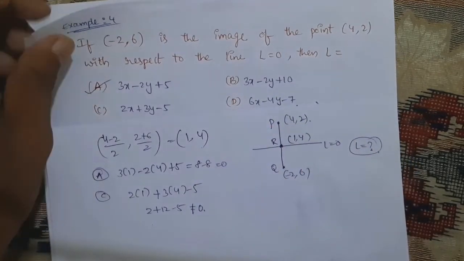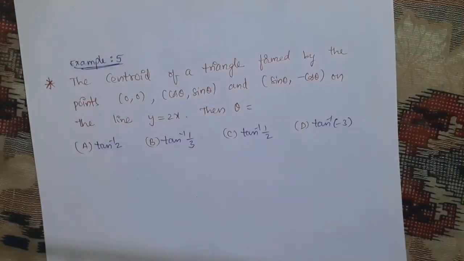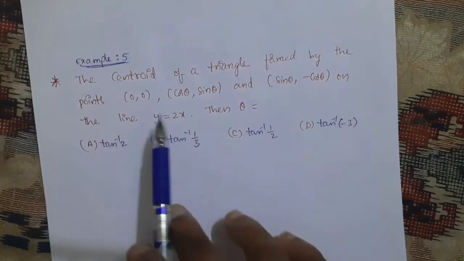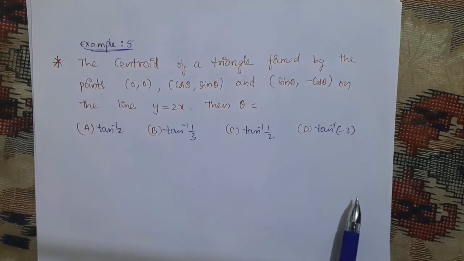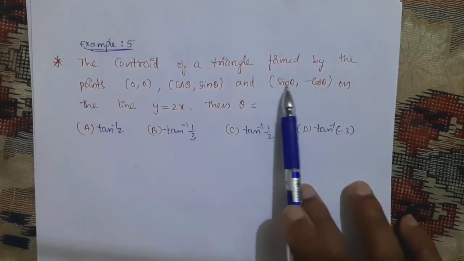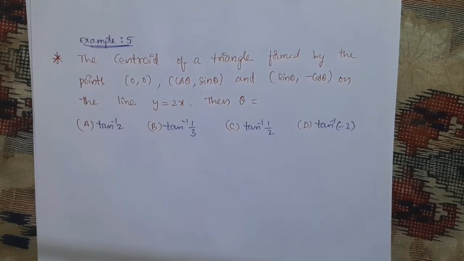Next, example number 4, which is based on the centroid. The centroid of a triangle formed by the points (0, 0), (cos θ, sin θ) and (sin θ, -cos θ) lies on the line y = 2x. Then what is θ?